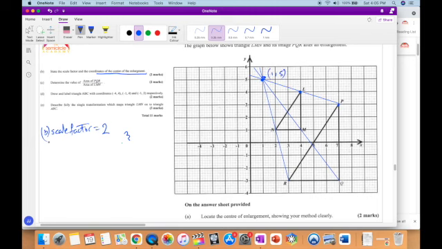So therefore the center of enlargement equals 1, 5. Notice for part A, locate the center of enlargement, showing your method clearly. Well, this is the method. You join the corresponding points and extend it until they meet, right? And that would be the center of enlargement.